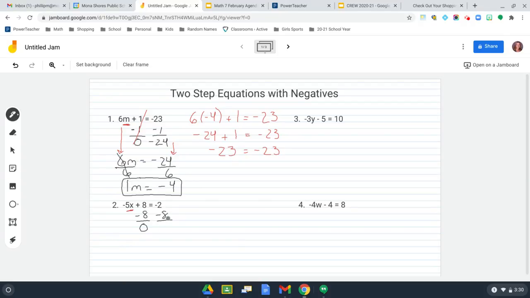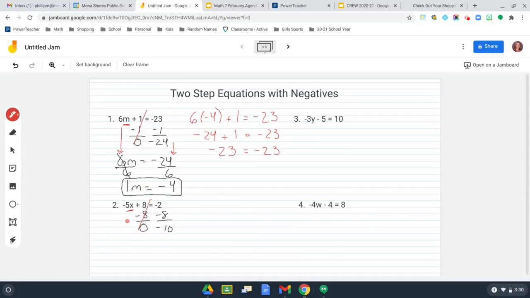Negative 2 plus a negative 8. You borrowed $2 from me, so you owe me $2. You borrowed another $8 from me, negative 8. You owe me 10, negative 10. Negative 2 plus a negative 8 is negative 10. This is gone.